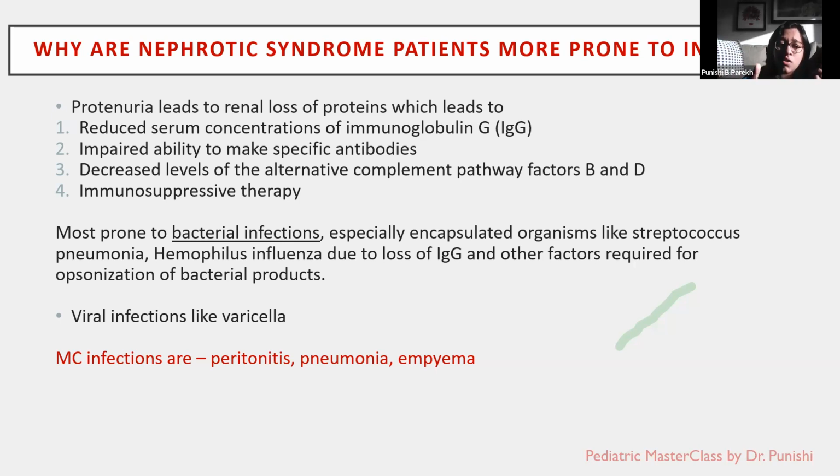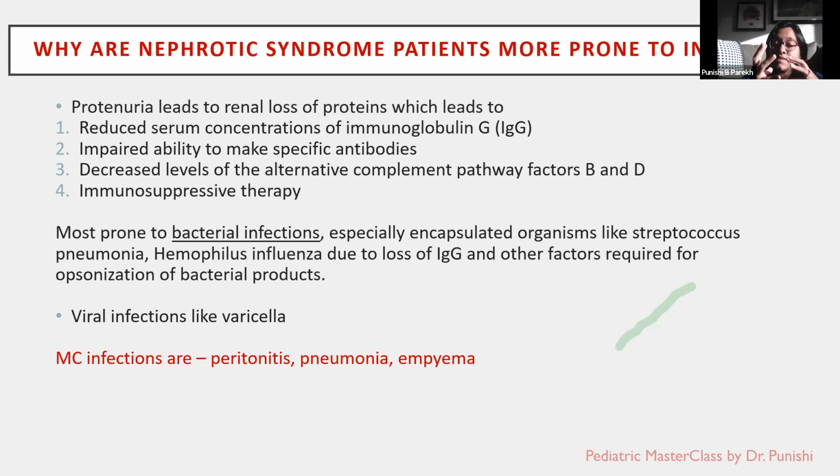So they have loss of all the immunoglobulins in the urine, decreased ability to produce certain antibodies, and chronic immunosuppressive therapy. So most commonly, they are prone to bacterial infections with encapsulated organisms like Streptococcus, Pneumococcus, and Haemophilus influenzae. Why so? Because they have loss of immunoglobulin G and other factors that are required for opsonization of these encapsulated bacterial products.